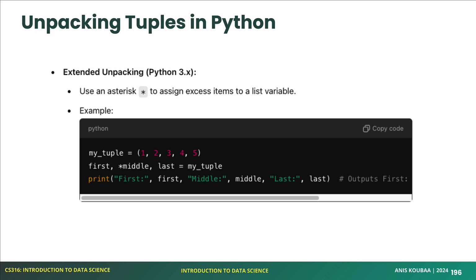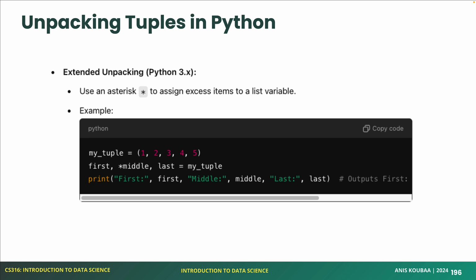Extended unpacking: you can use an asterisk to assign excess items to a list variable. Now, you have 1, 2, 3, 4, 5, and here I'm going to call first, last, and star middle. The first element will be assigned to 1, the last element will be assigned to 5, and regardless of the number of elements, all of them will be assigned to middle. So middle at the end is going to be a tuple also.